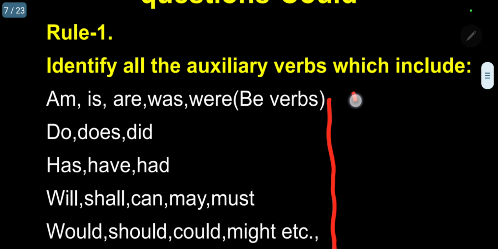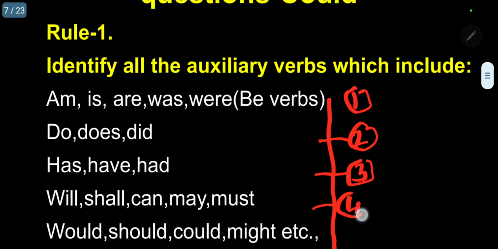Type 1, be verbs. Type 2, do verbs. Type 3, has verbs. Type 4, will verbs. And type 5, would verbs. The very interesting point I want to inform you: the first 3.